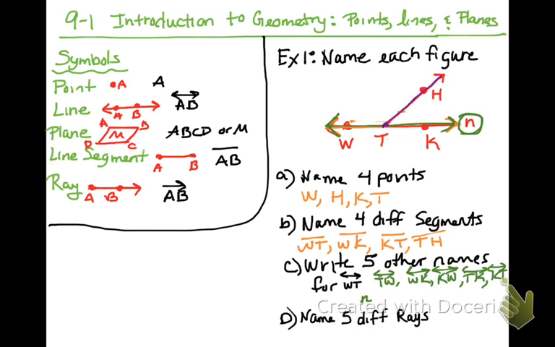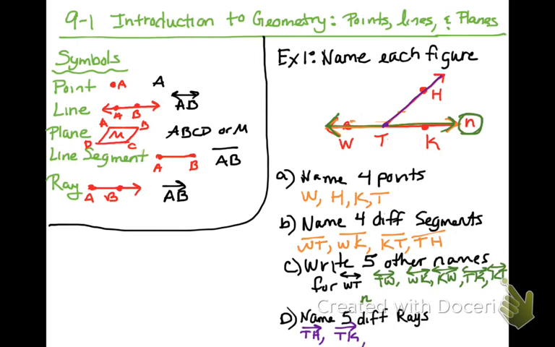It starts with T and goes through H. We cannot put HT because the line doesn't keep going through T. We could do TK. Very good. So you can't do TH? No. Well, I already did TH, sweetie. No, what about C though? No, because that's not the same line.